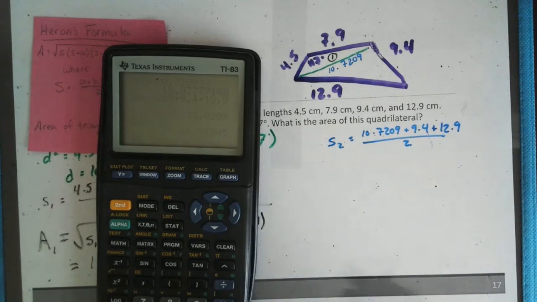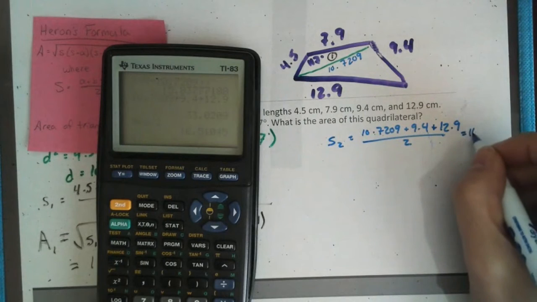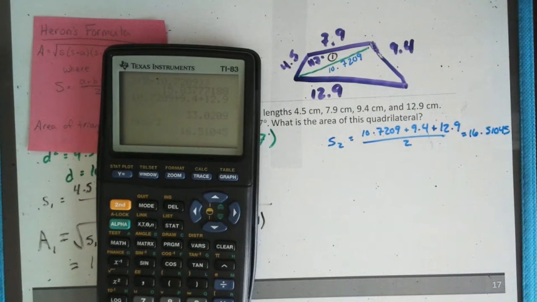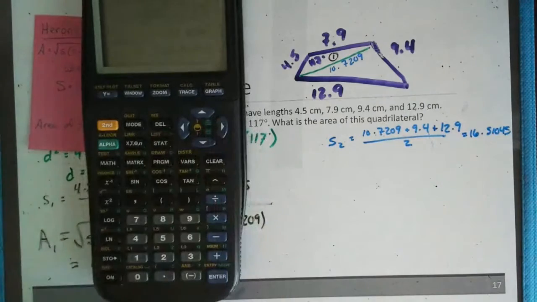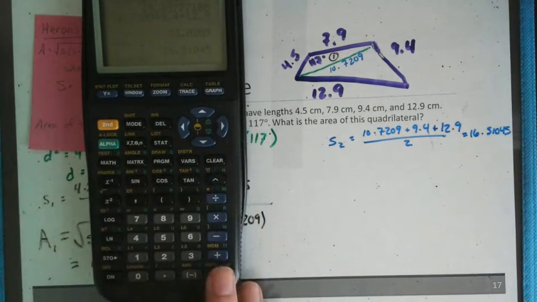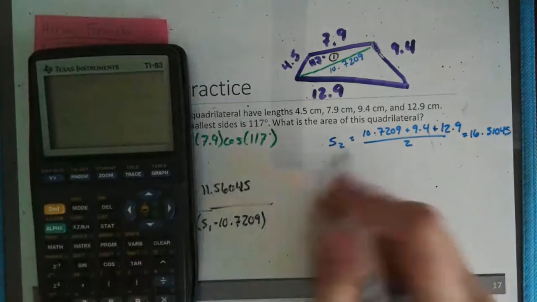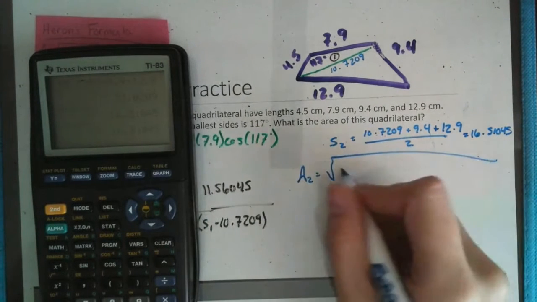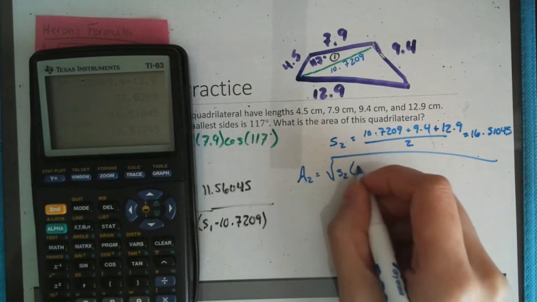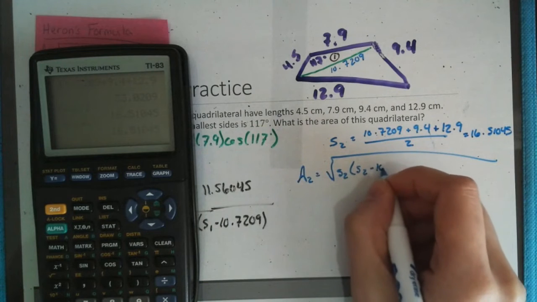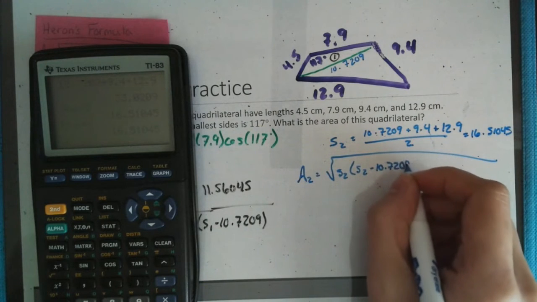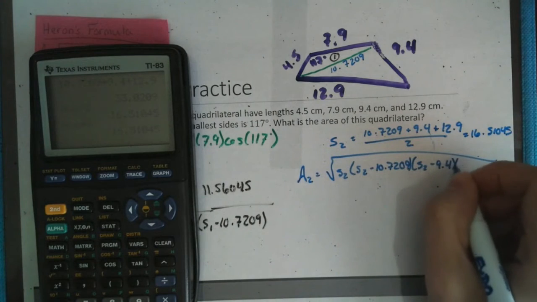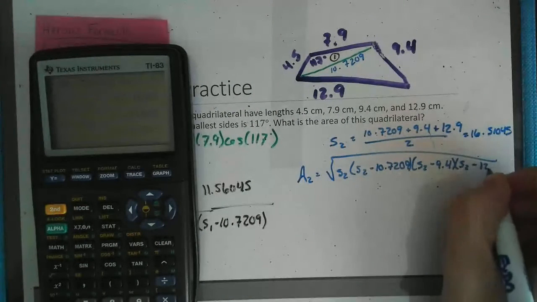I get that my S value for the second triangle is 16.51045. Like I did last time, I'm going to store this as x so that I don't have to type it out 1,000 times. So the area of my second triangle is equal to the square root of S2 times S2 minus 10.7209 times S2 minus 9.4 times S2 minus 12.9.